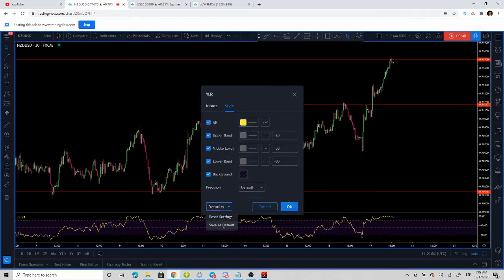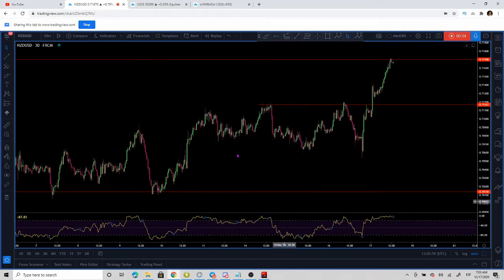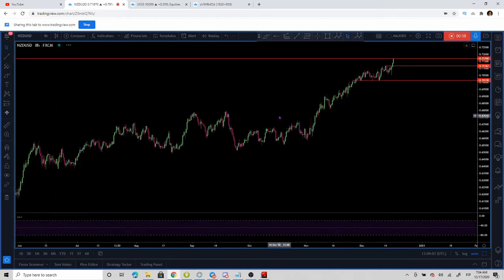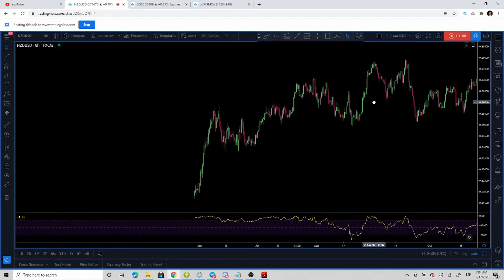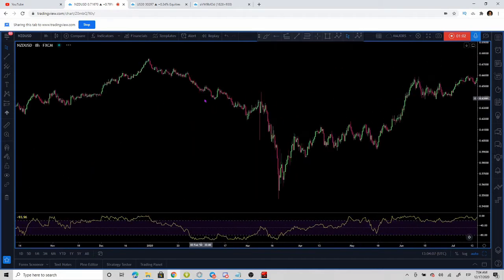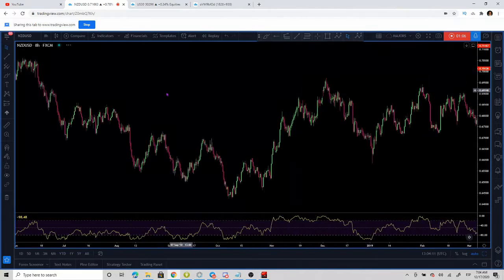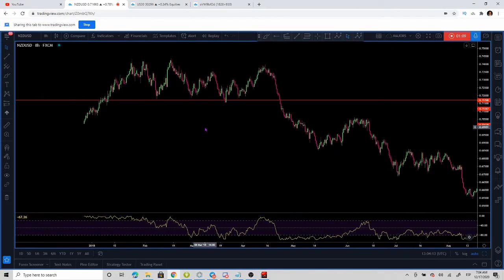So let's start by looking at the level that it's actually testing. Let me just save this as default and continue. Go back to the 8-hour chart, and we're going to have to go back quite a bit in historic price action to look at this level.